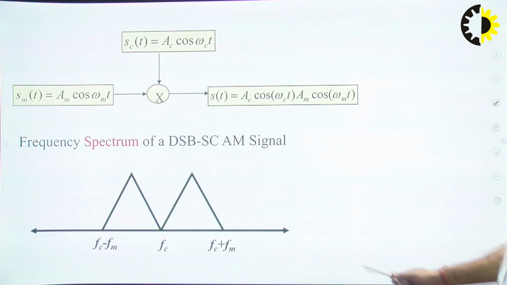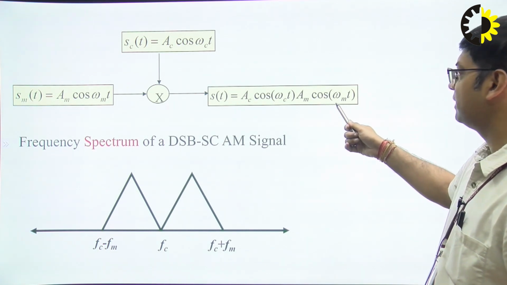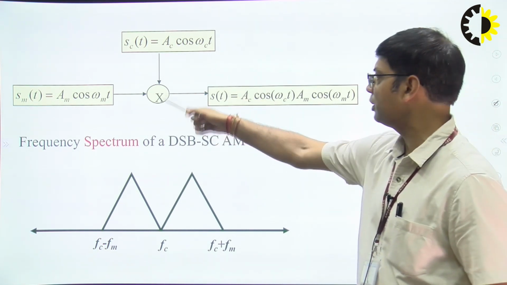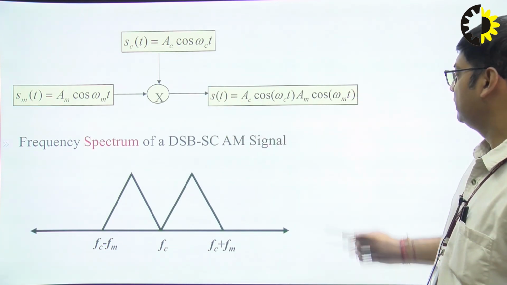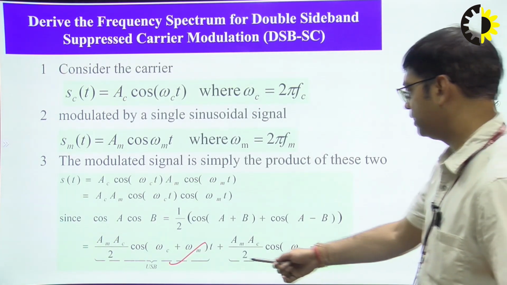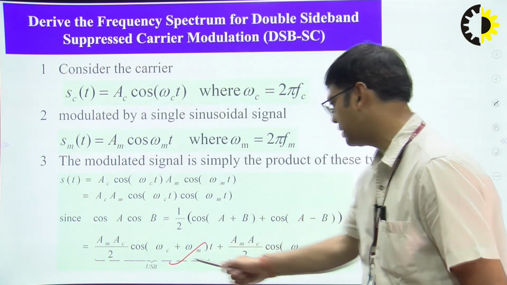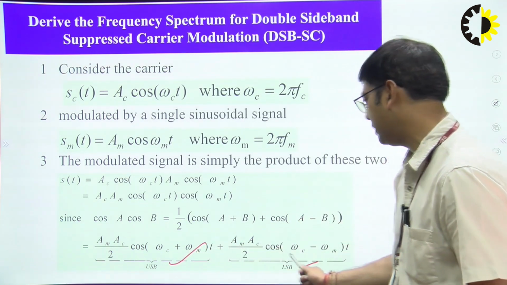Now, here we can see that if we obtain the double sideband suppressed carrier signal by doing the product of modulating signal and the carrier signal, then this double sideband suppressed carrier signal, which is basically consisting of only 2 sidebands, upper sideband and lower sideband, and the frequencies are Fc plus Fm and Fc minus Fm.